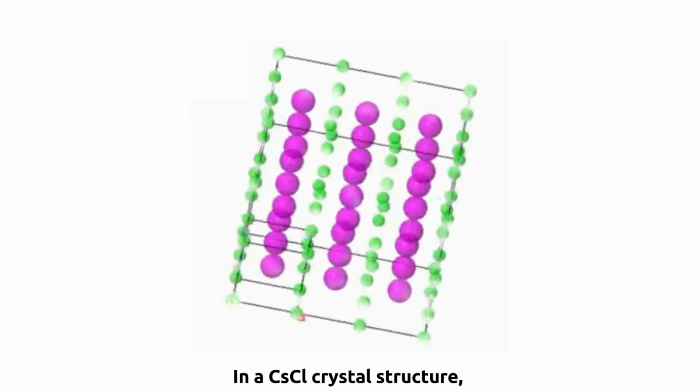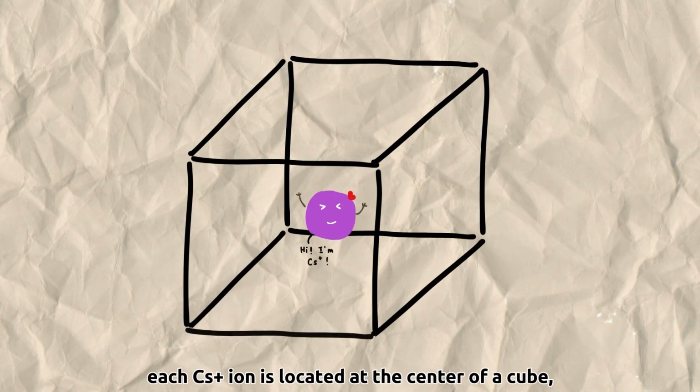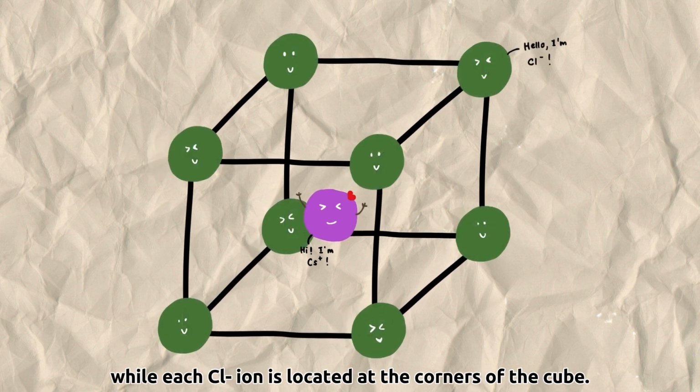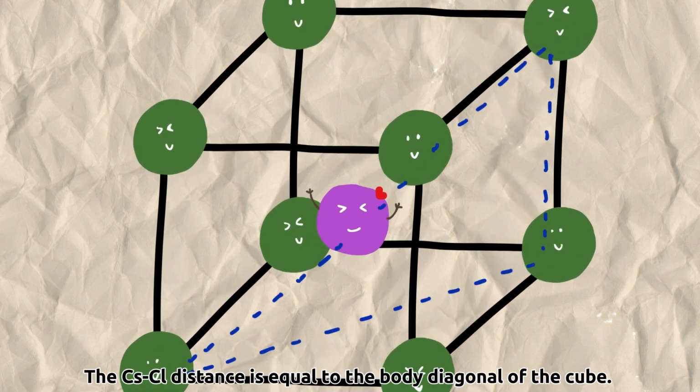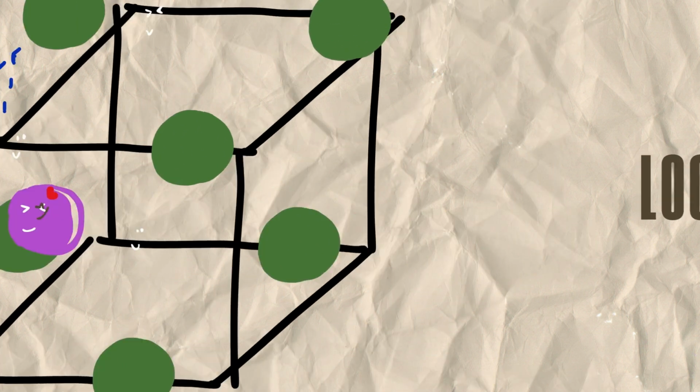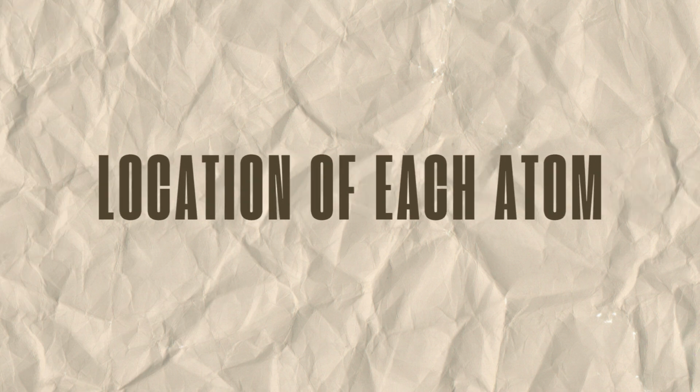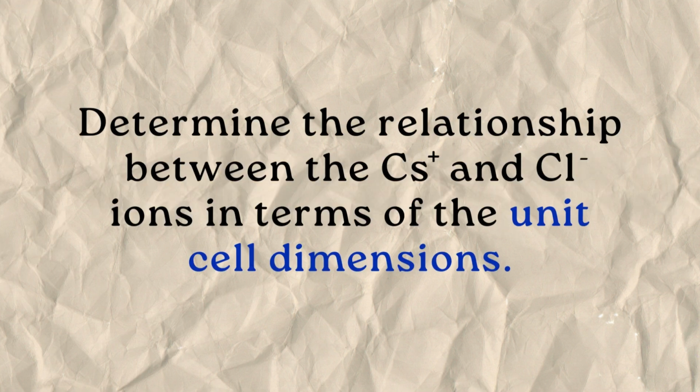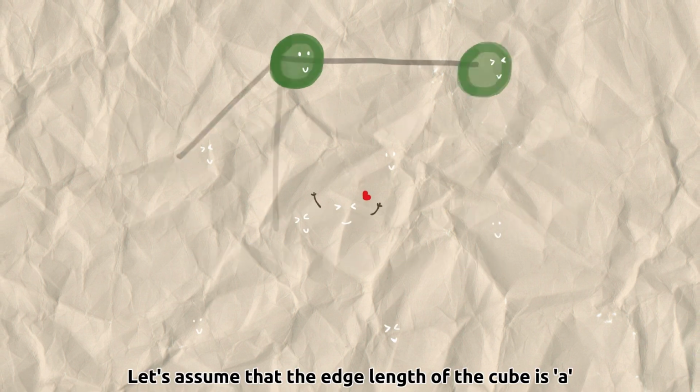In a cesium chloride crystal structure, each cesium atom is located at the center of a cube, while each chloride ion is located at the corners of the cube. The Cs-Cl distance is equal to half the body diagonal of the cube. To find the location of each atom in a CsCl structure, we first need to determine the relationship between the Cs and Cl ions in terms of the unit cell dimension.